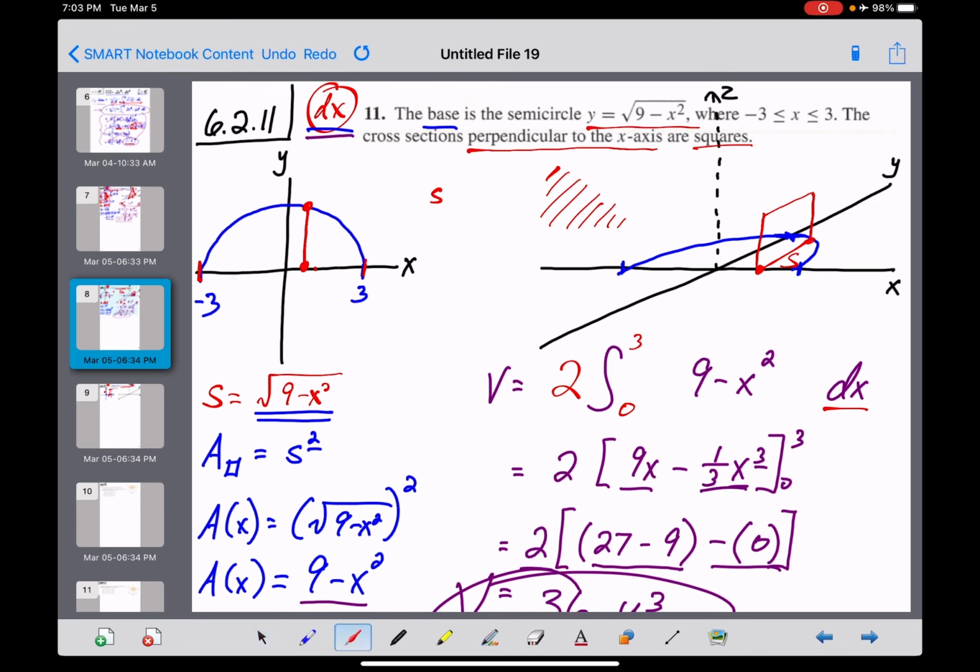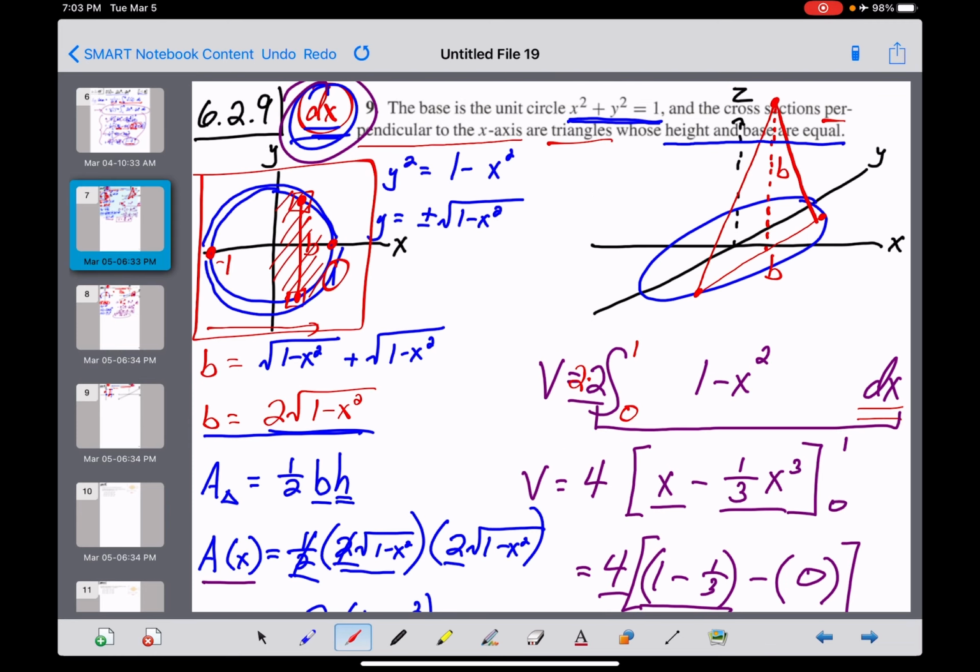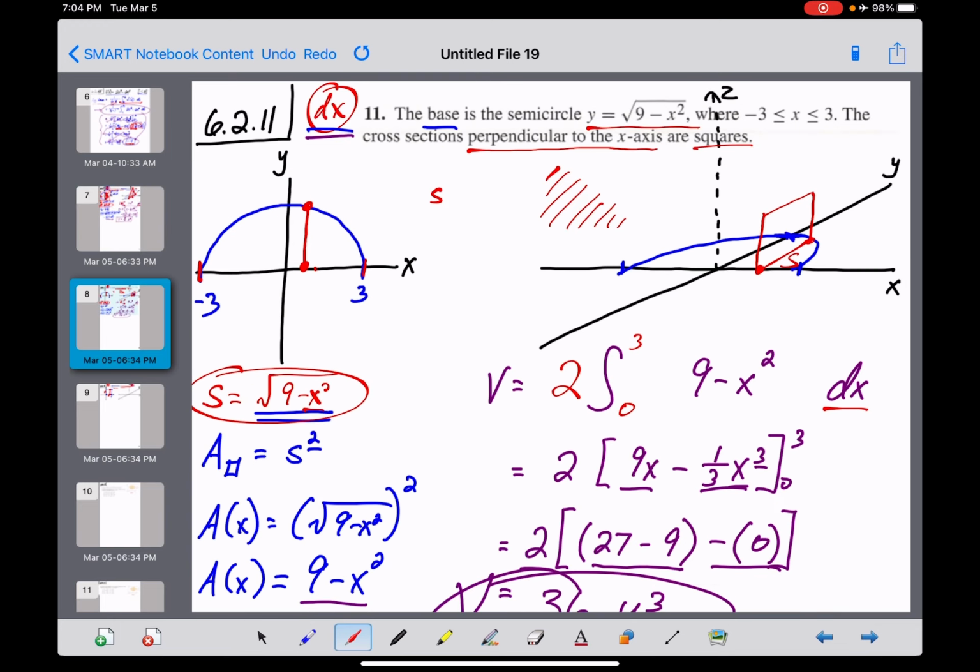So that is why S is a variable quantity, so S contains the variable X. The exact same thing happened over here in number 9 with that B that I drew right there that's really hard to see now. Again, B is a variable quantity, so its expression contains an X, a variable.